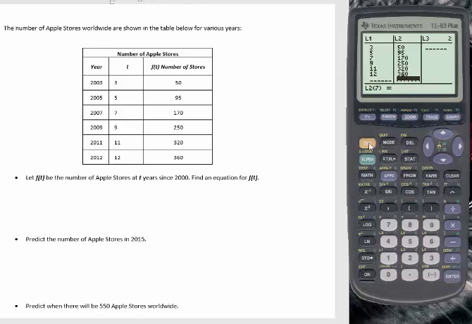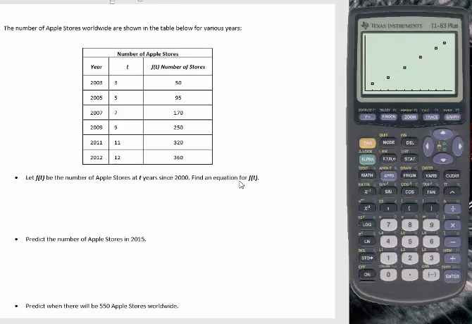So I'm going to make sure my second function stat plot, my plot 1, is on. Then like we saw in last week's videos, I'm going to hit zoom, and you want the option called zoom stat, number 9. This is the relationship that you see between the two variables. Absolutely, it looks like a linear relationship.